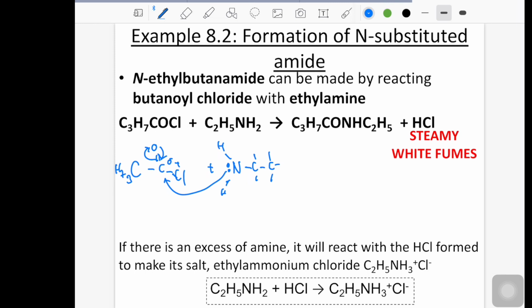So what happens is that your new attachment is CH3, C double bond O, CN.